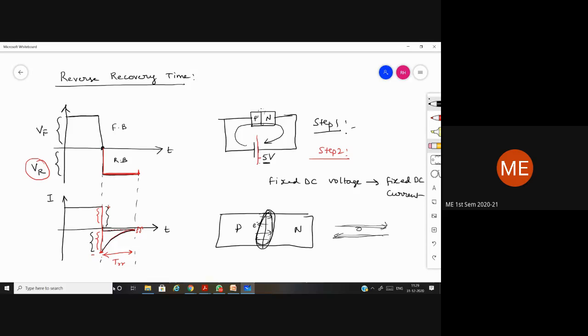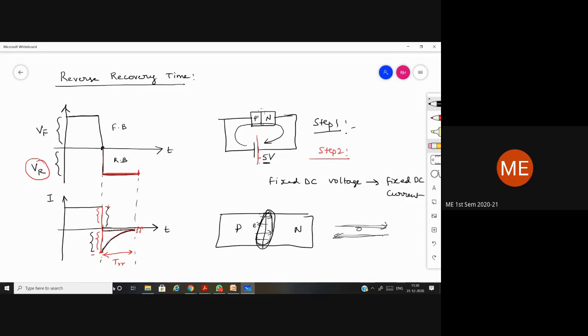And slowly when the number of those charge carriers decreases, the current is also decreasing. Slowly they are decreasing and reaching the reverse saturation level. The time taken by the diode to reach its reverse saturation level is known as reverse recovery time.